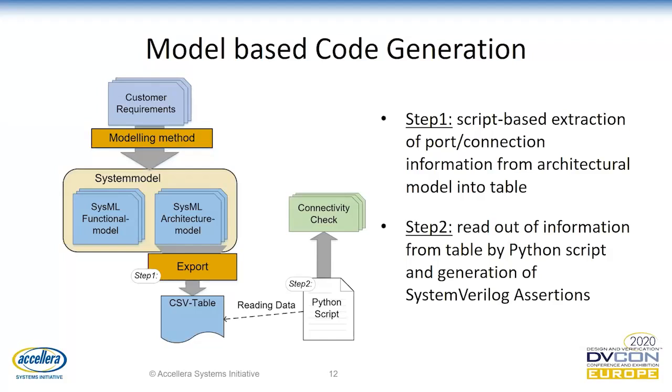For this, we need a two-step generation. In the first step, we need a script which detects each starting port and end port over the whole hierarchy of our SOC and writes it to a CSV table. And in the second step, a Python script we have written reads out this information and writes the connectivity checks for us.